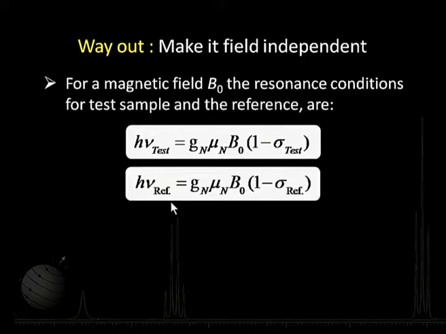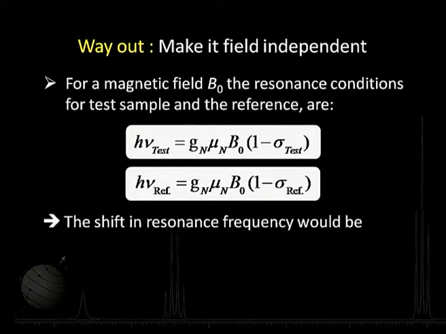Similarly, there is an equation for my reference. This equation we have talked about many times. Now, I am trying to look at the relative frequency, that is the frequency with respect to that.